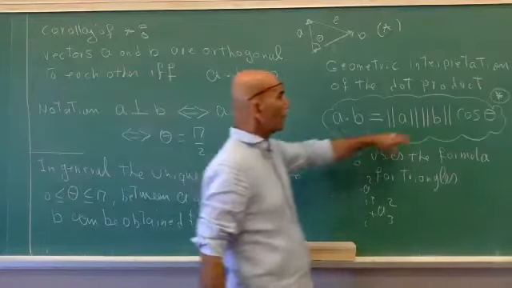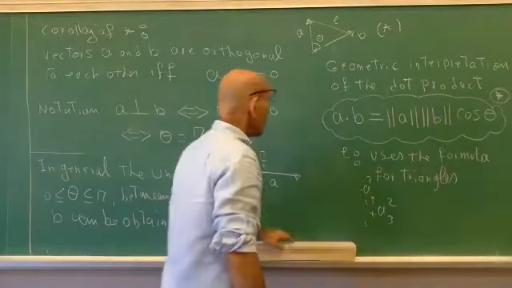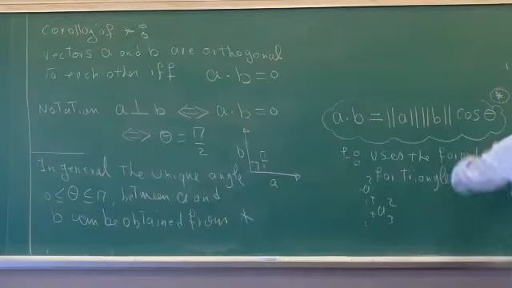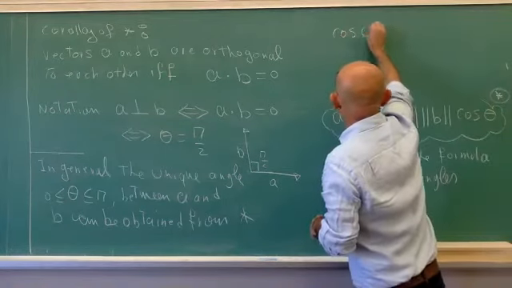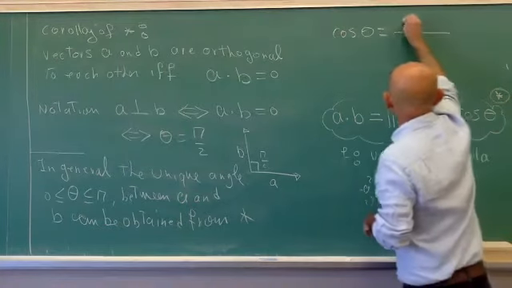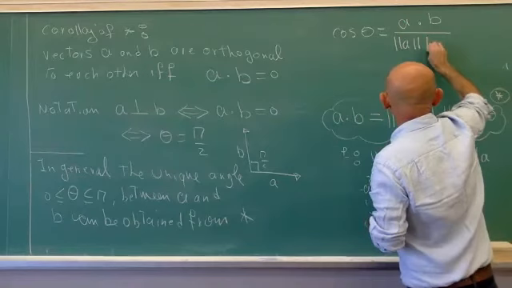So if you just solve this equation for cosine of theta, then you get cosine of theta is equal to A dot B divided by length of A times length of B.